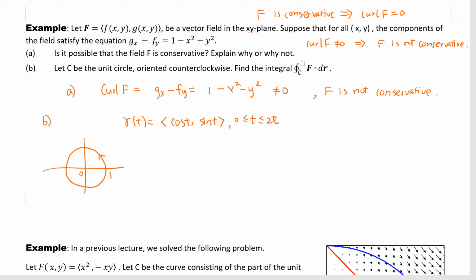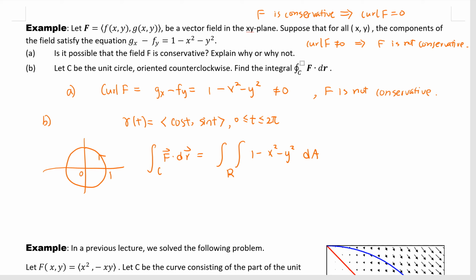Now what happened? We know here the circulation is actually equal to the double integral over this region of our curl. Our curl is 1 minus x squared minus y squared dA.